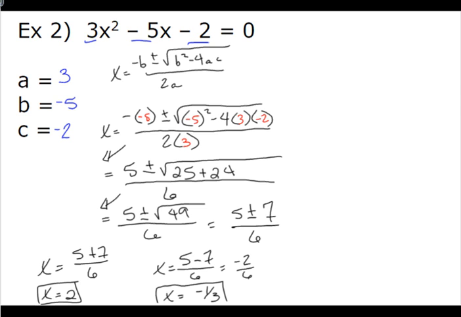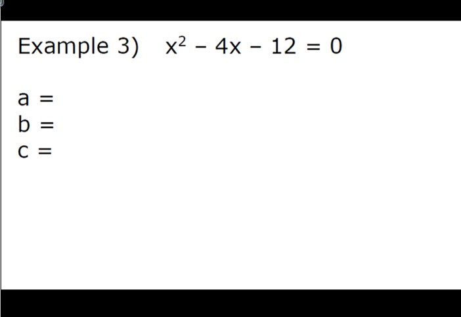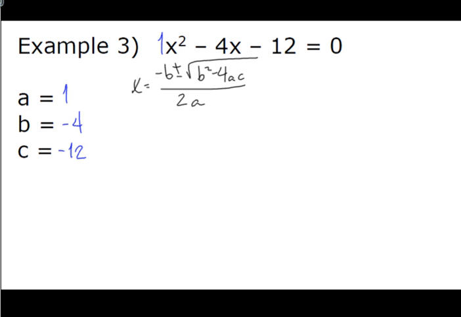Looking at our third example, again, I go through and collect my ABCs. Again, my leading coefficient here is 1, so I'm going to put a 1 here. I have a negative 4, and I have a negative 12. Again, write the formula. X is equal to the opposite of b plus or minus the square root of b squared minus 4ac all over 2a.